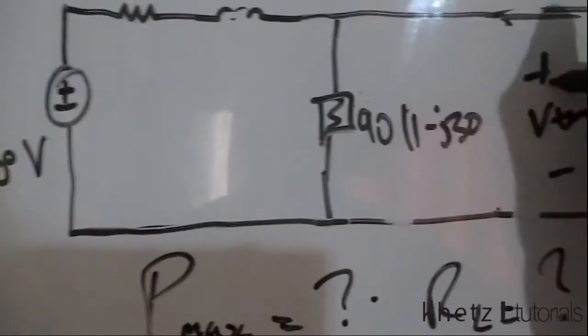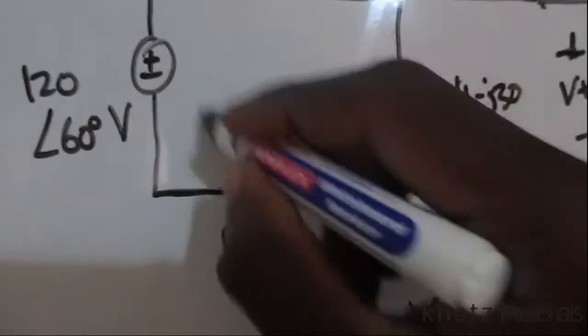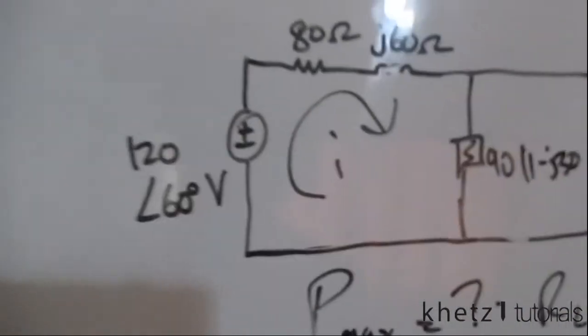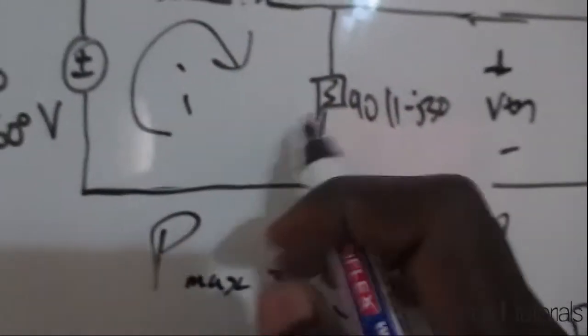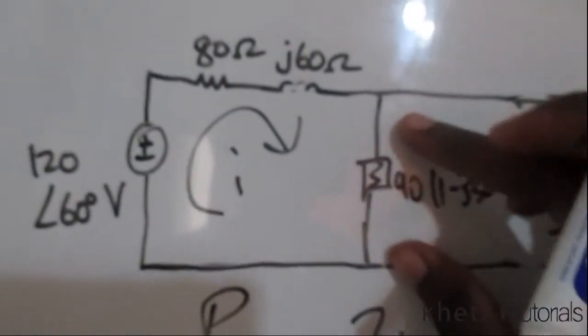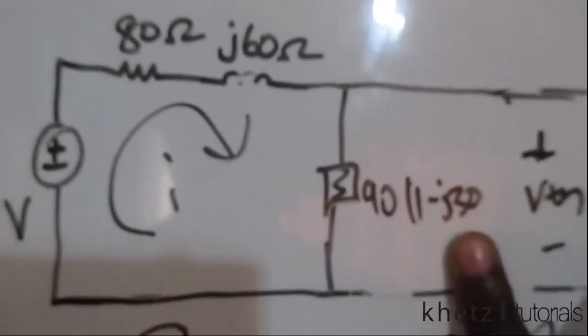We can just go around this loop to find the value of I, or we can just do voltage division, because VTH is the same as the voltage across this parallel combination of the impedances 90 and negative j30.